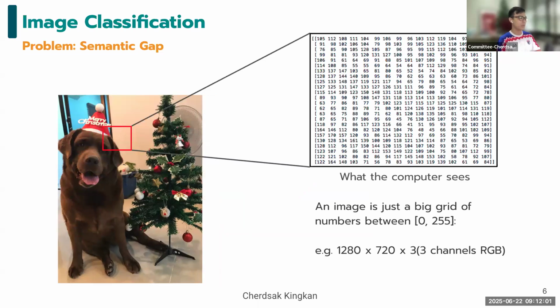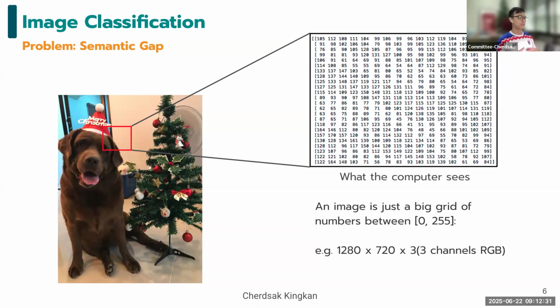We as humans, when we look at this image, can interpret the semantic meaning within it. What we see is a dog wearing a Merry Christmas cap, with a small Christmas tree with a fan at the back. That's the semantic information we can extract from this image.